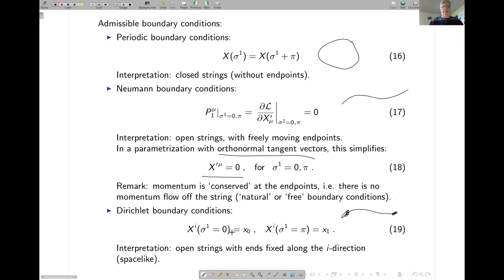We can fix them, for example, at two different positions, x0 and x1. Now, for a guitar string or for a musical instrument, this is quite natural. But of course, when describing natural elementary particles, it is not so obvious that this kind of boundary condition is of any use. Therefore, until the mid-90s, these types of boundary conditions were ignored, but it was then discovered that they are useful after all.